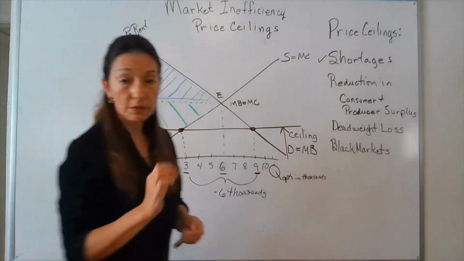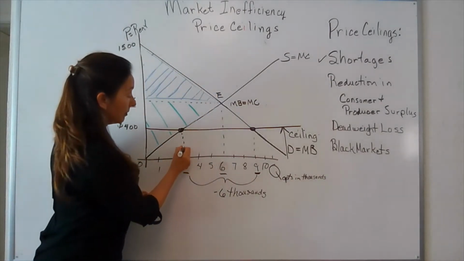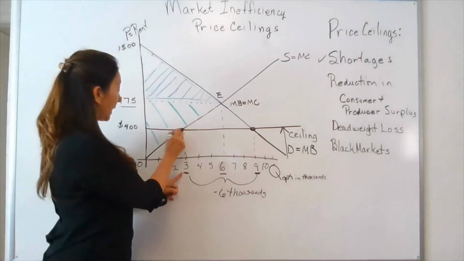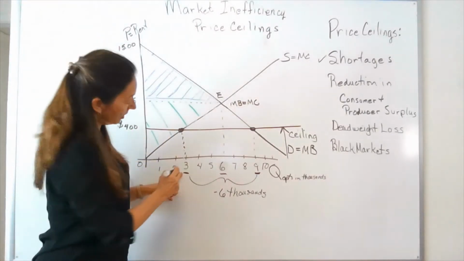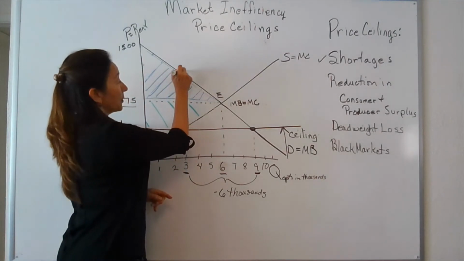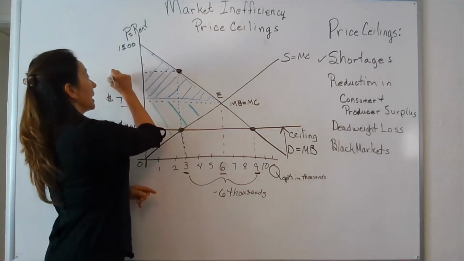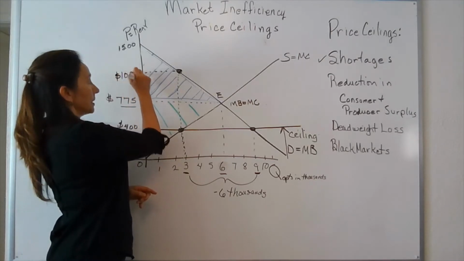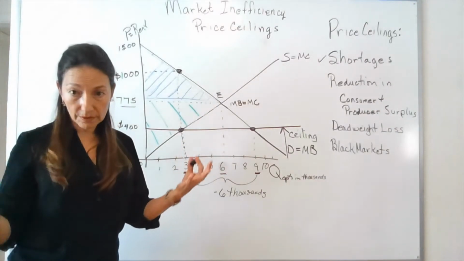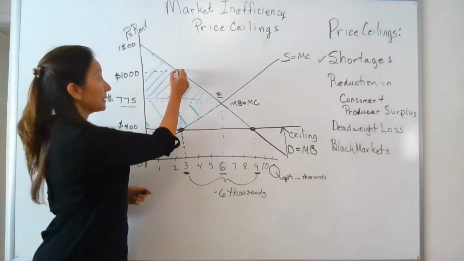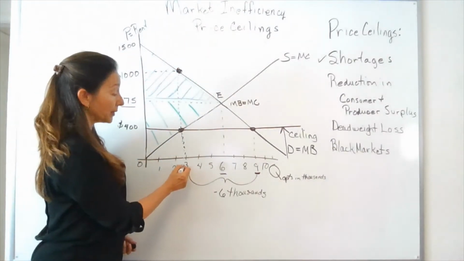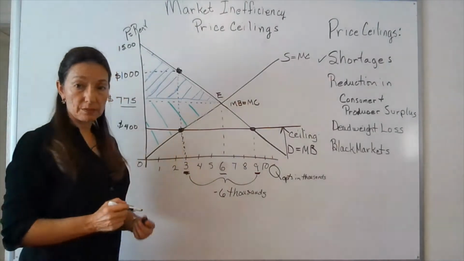So 3,000 units are what suppliers are willing to supply when the price is $400. 3,000 units are valued at a price of $1,000. So that means the first 3,000 units that demanders are willing to rent, they're willing to pay $1,000. But sellers are only willing to supply 3,000 units into the market.